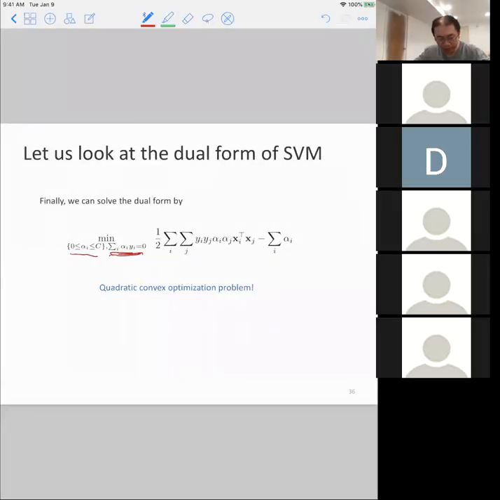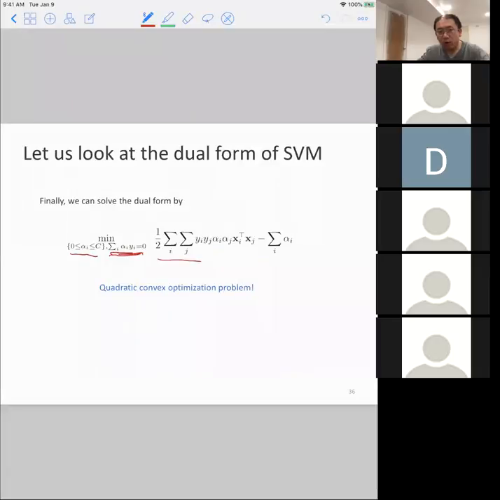Okay, so this optimization is known to be a quadratic convex optimization. It's a kind of standard form. For any convex optimization package, you have a routine to solve it. You do not necessarily need to develop your own algorithm to optimize it.